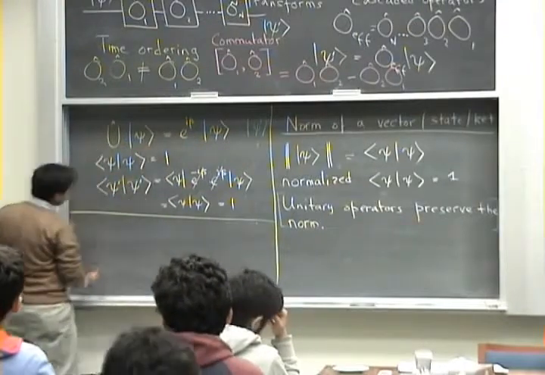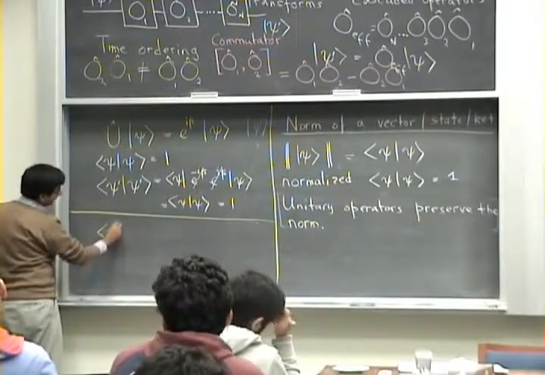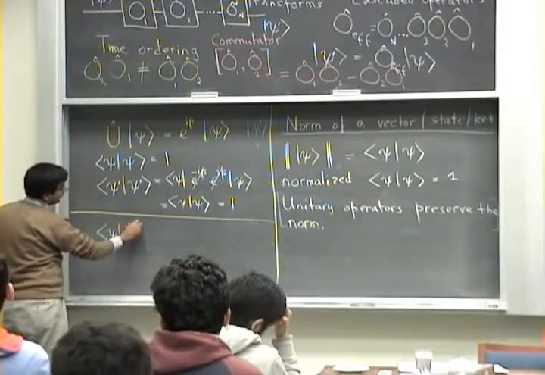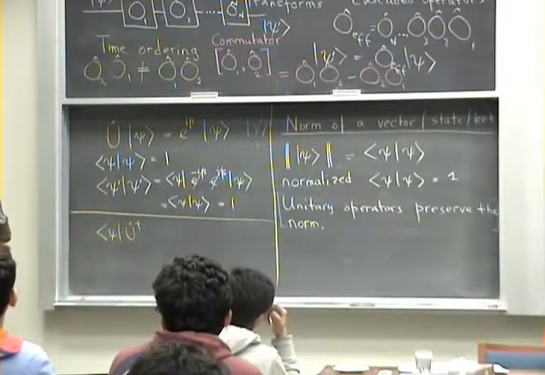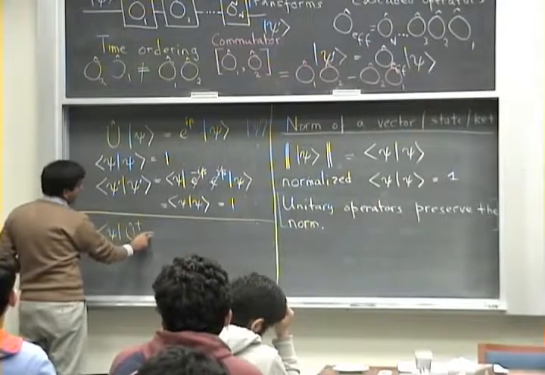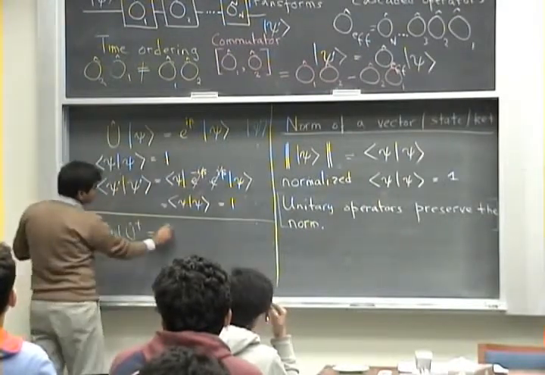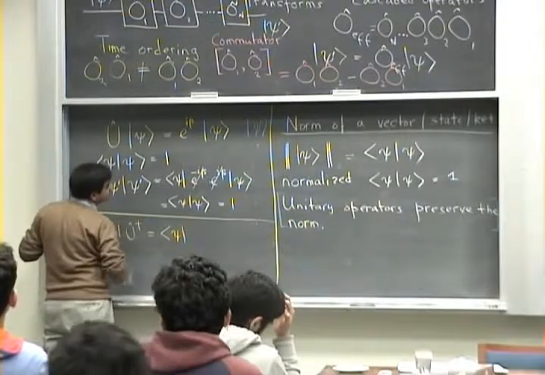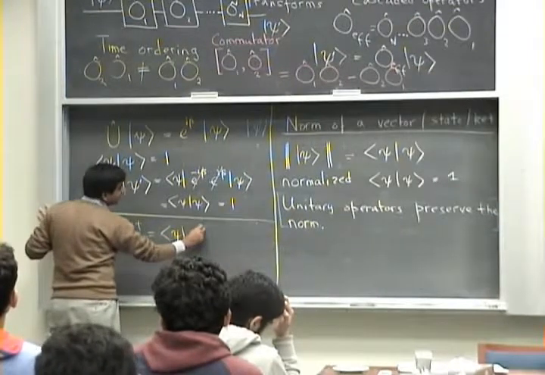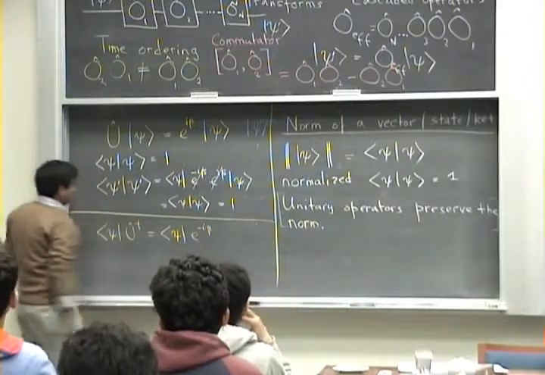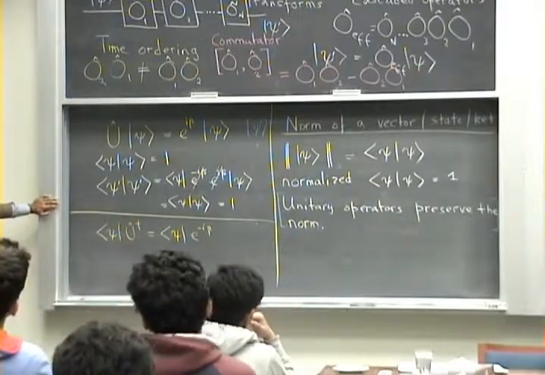The dual of the left hand side is just going to be bra psi multiplied by U dagger. And the dual of this must equal bra psi and e raised to minus iβ.